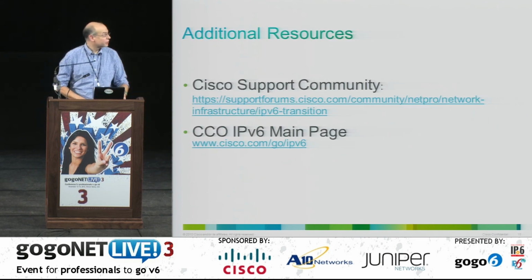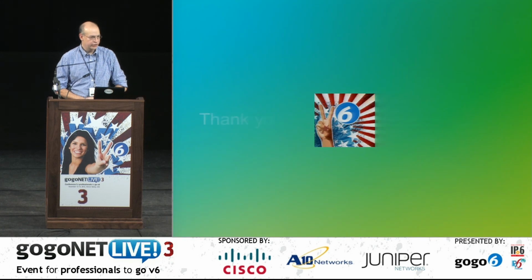Here I have just a couple of extra resources. We have a Cisco support community for IPv6, including the IPv6 transitions, and also the main IPv6 page on cisco.com. And I think, yeah, that's pretty much it.